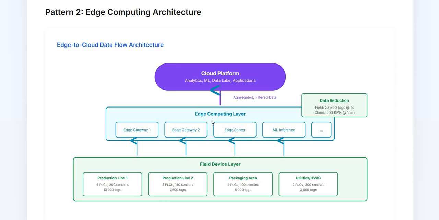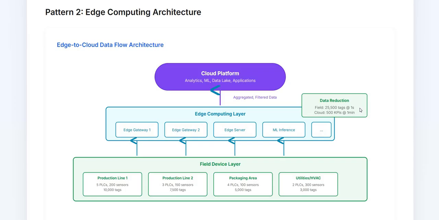And here, the edge computing layer. Edge gateways and servers sit close to machines. They collect signals, normalize tags, compute summaries, and sometimes run local inference. When something needs immediate action, it stays local. Okay, data reduction here, and look at the numbers.